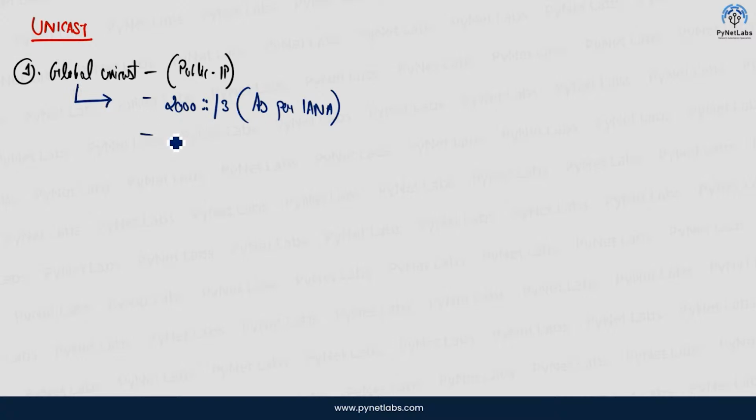Now, what exactly is the /3? These are reserved bits by IANA. IANA has defined some reservations for /3, where the first 3 bits will always remain constant. So this /3 will give you 001.